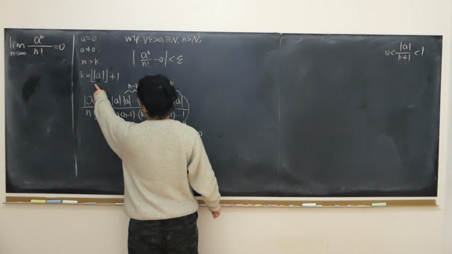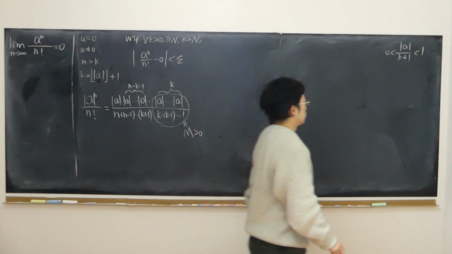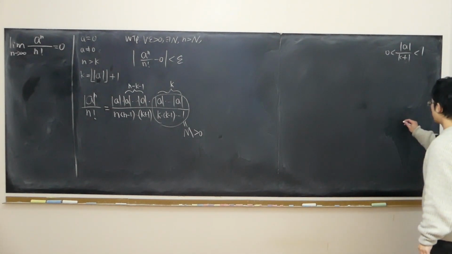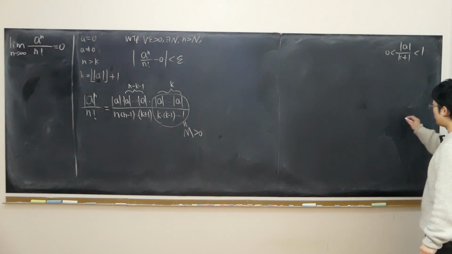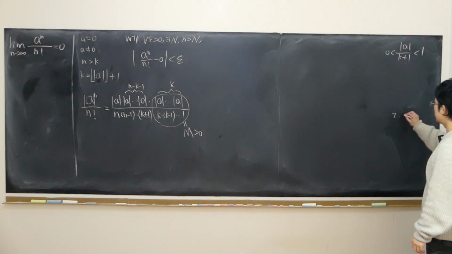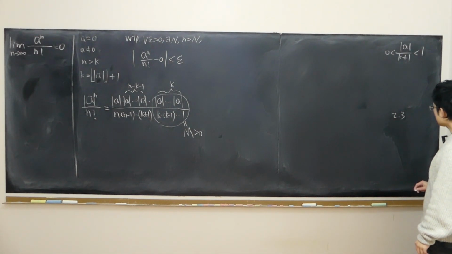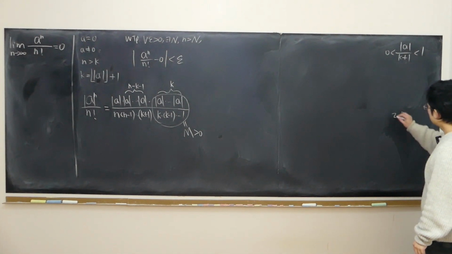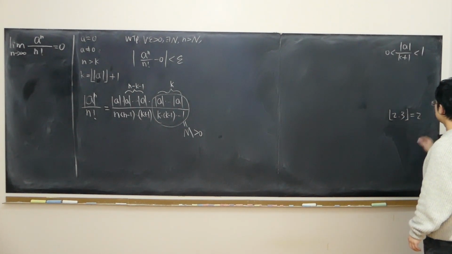K is equal to the floor of the absolute value of a plus 1. Remember, what's the meaning of floor? For example, if I have the absolute value of some number, that's some positive number, for example, 2.3. If I take the floor, that is the integer part, that is 2.